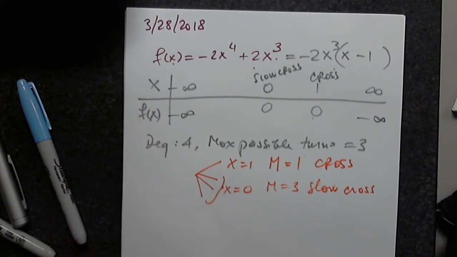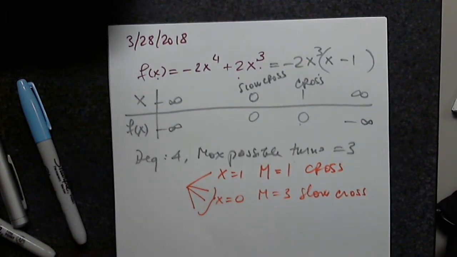Perfect. Can you repeat that? If the degree is even, it behaves like x squared. If the degree is odd, it behaves like x. And since the leading coefficient is negative, we know that negative x squared will look like this. Better?